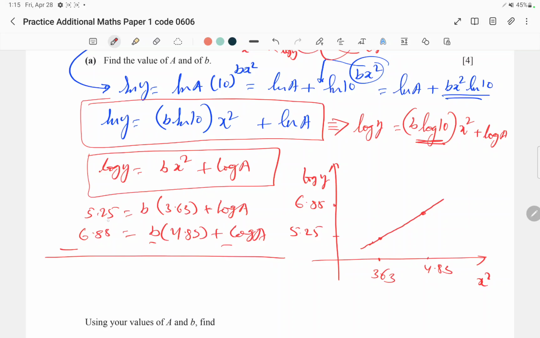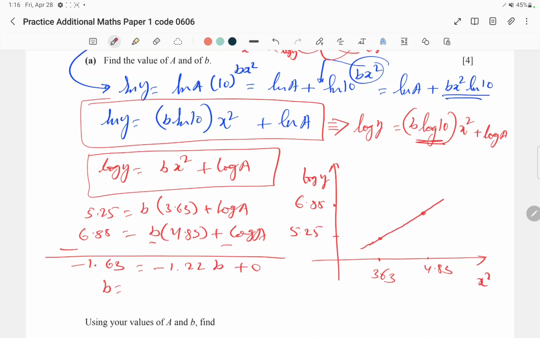When you subtract, 5.25 minus 6.88 is minus 1.63, and over here 3.63 minus 4.85 is minus 1.22b, and this is 0.